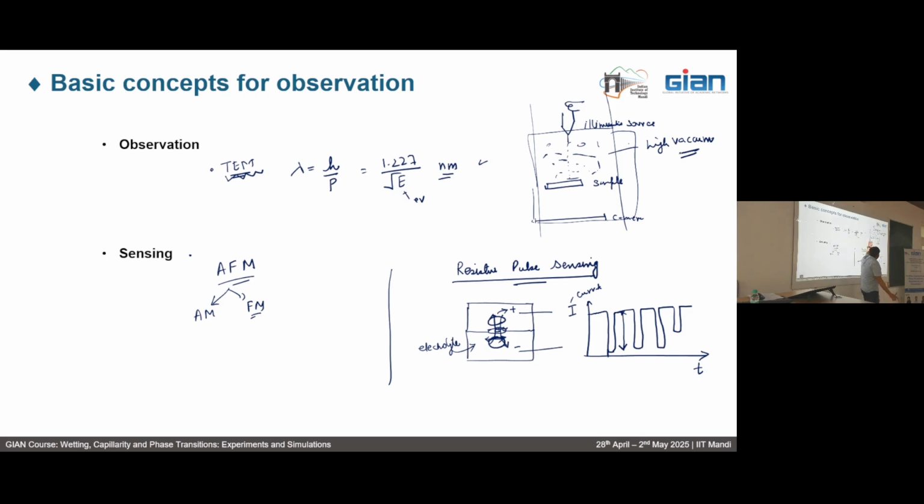It means that this sample should be ultra thin, at nanometer scales. Only then can we observe the image of this sample using a CCD camera that is below the sample. So this is the fundamental of using the TEM.